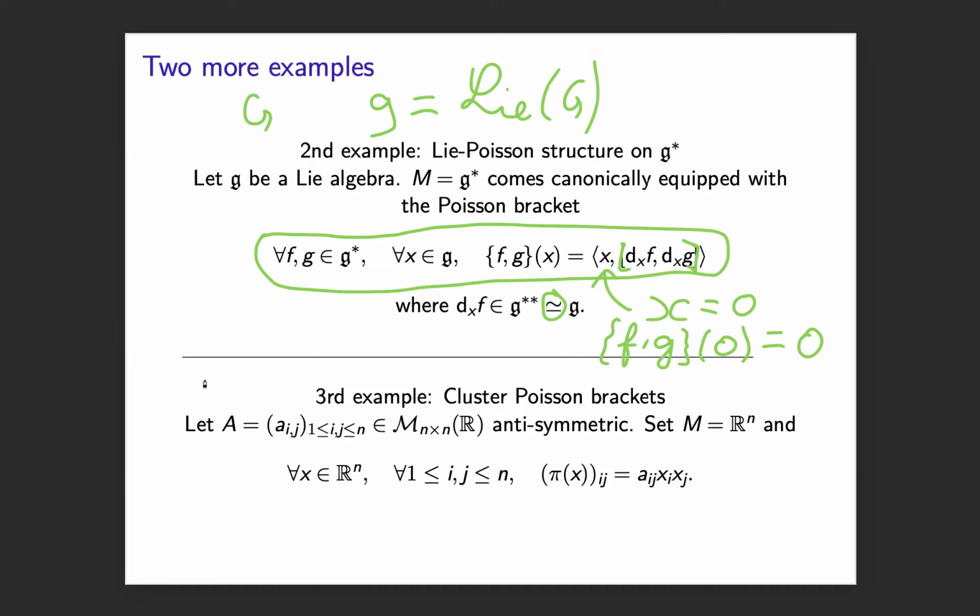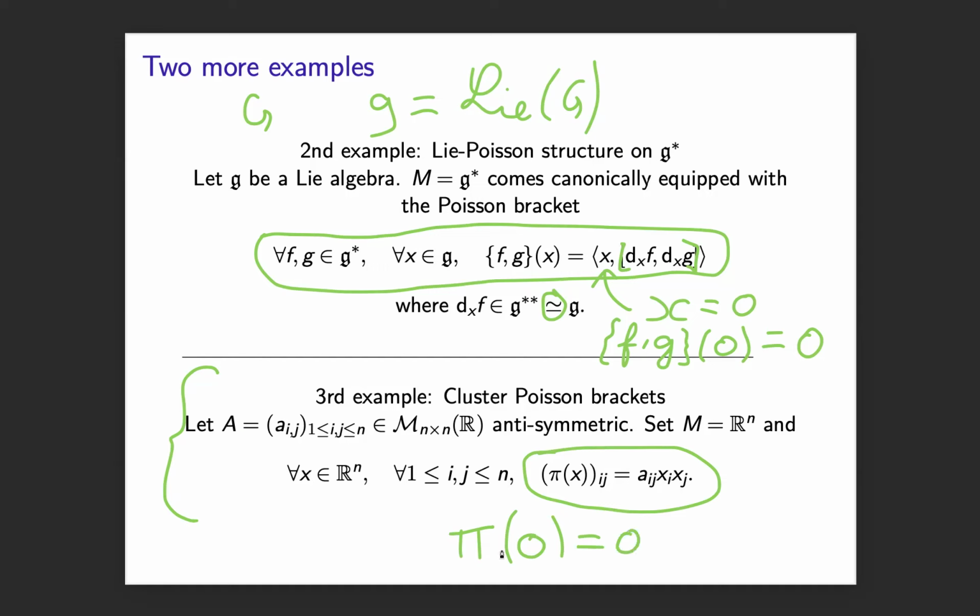Whereas on our third example, which is called cluster Poisson bracket, you see here that the Poisson bracket vanishes quadratically. It is also true here that pi of 0 equals 0.